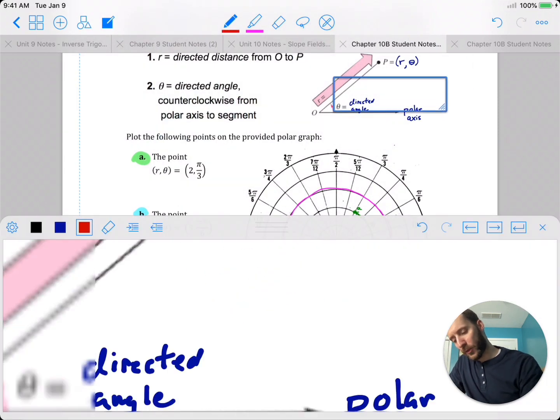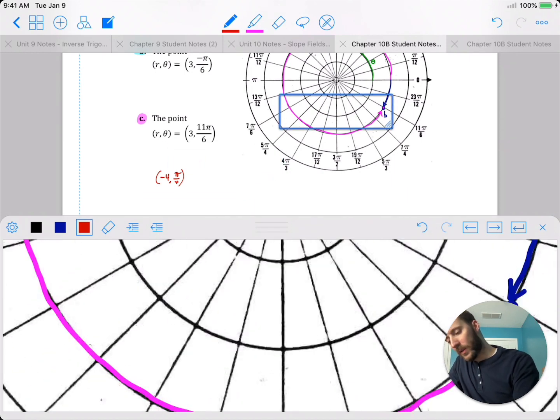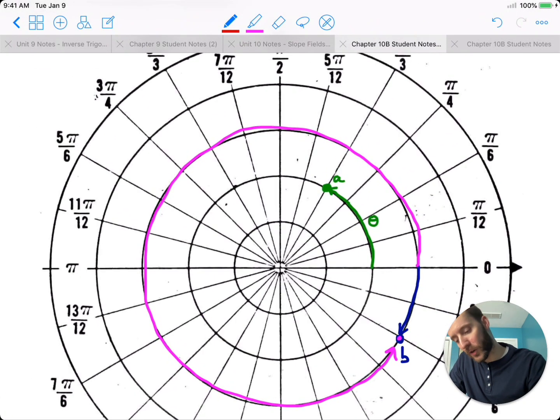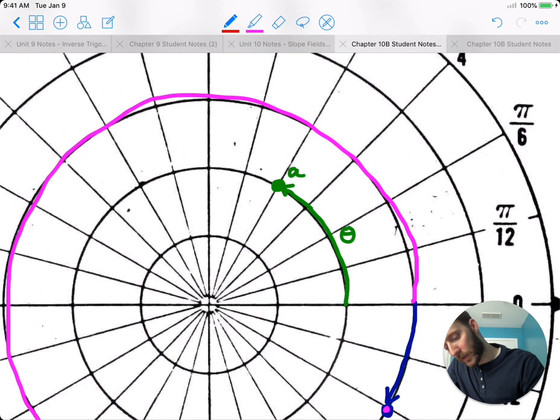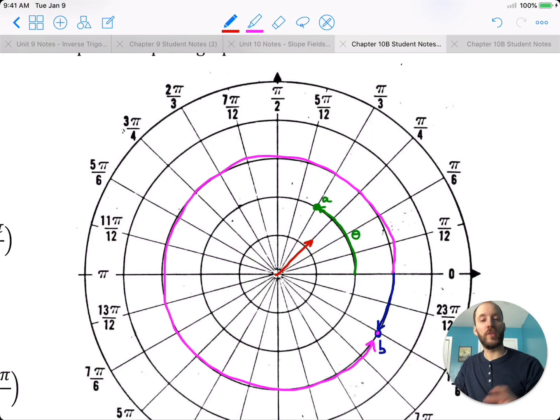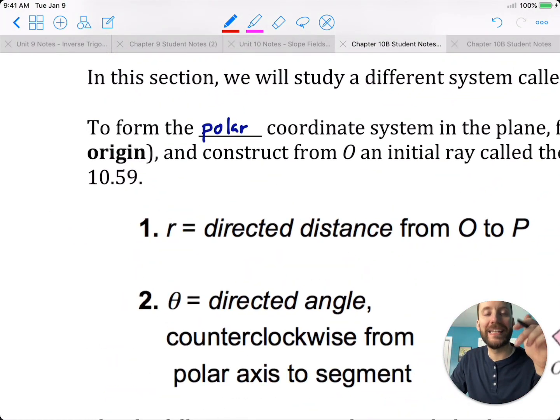And we'll put in another one here. We'll put in (negative 4, pi over 4). Alright? So, we have a negative radius value. So pi over 4 is going that direction. But we're going to go negative 4 in that direction. Okay? So with the negative 4, you're going to go away from it. Remember, r is a directed distance.